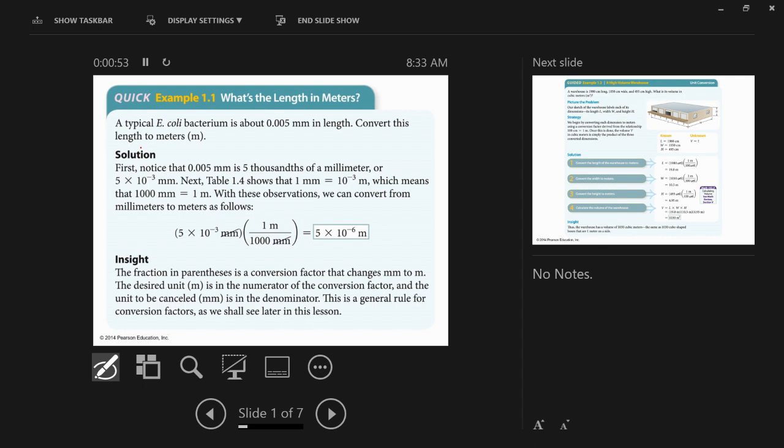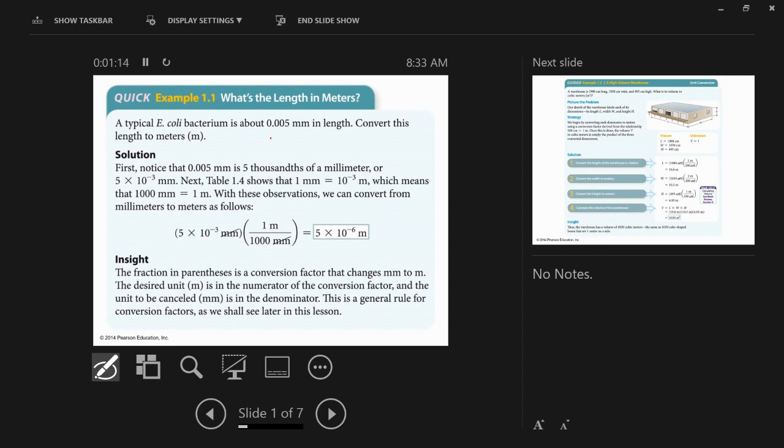All right, so E. coli bacteria is about 0.005 millimeters in length. Convert this length to meters. So this is just a unit multiplier example. Again, in our dimensional analysis, we're going to put millimeters on the bottom because that's what we want to get rid of.